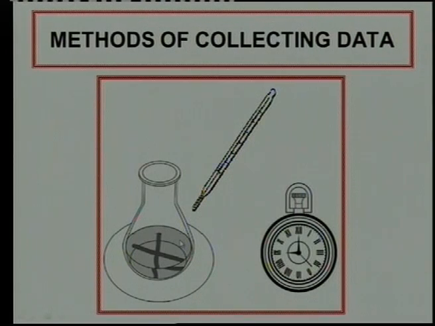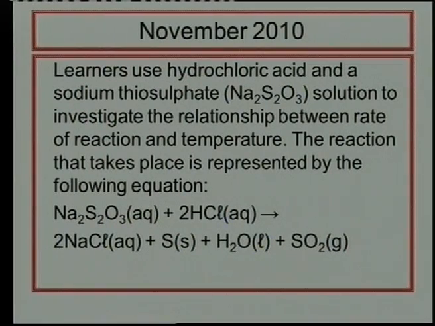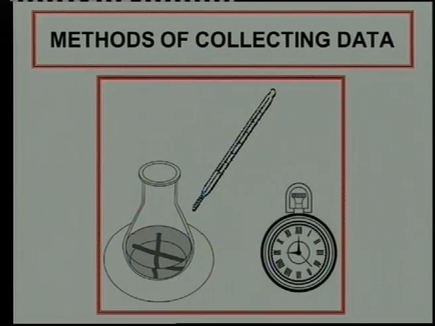The next thing we're going to look at specifically is methods that you need to collect information or data when doing an investigation. And this one I'm going to stand still. This is the reaction of sodium thiosulfate, where if we go back for a minute, you'll see sodium thiosulfate, we add hydrochloric acid to it. Beforehand, we make an X across under the solution, and it's clearly visible from the top.